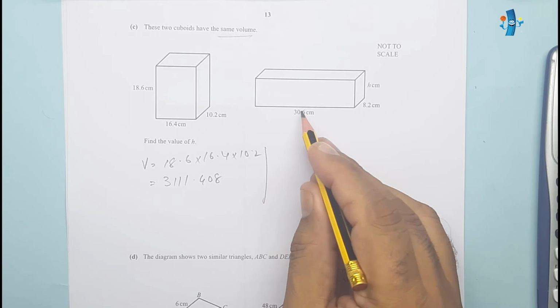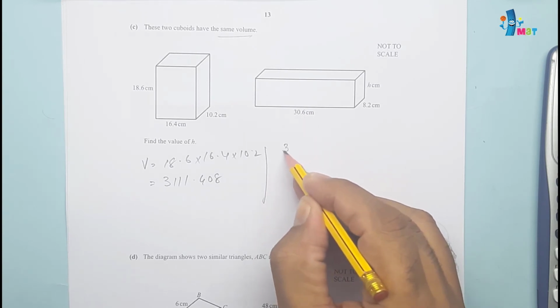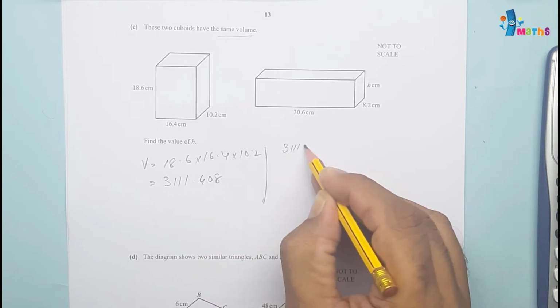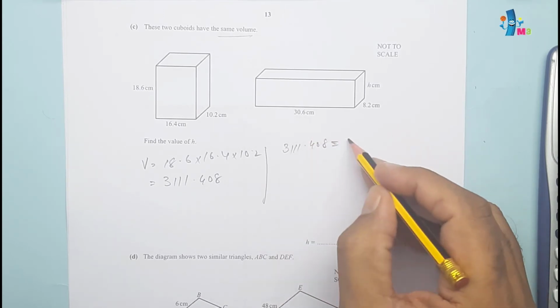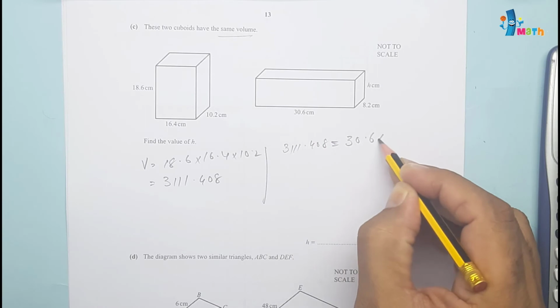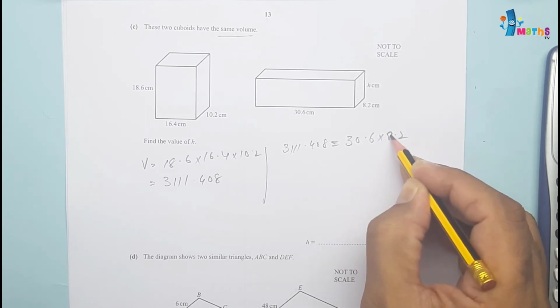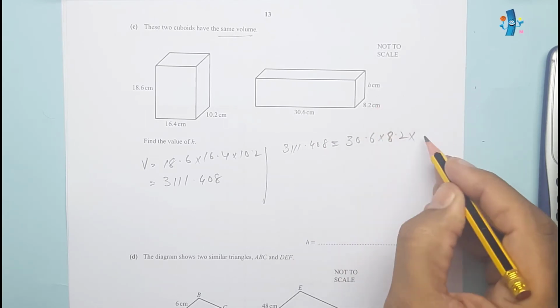So we can write equation for this. Volume, which is this one, 3111.408, is equal to, will multiply all sides, so 30.6 multiplied by 8.2 and multiply by this h.